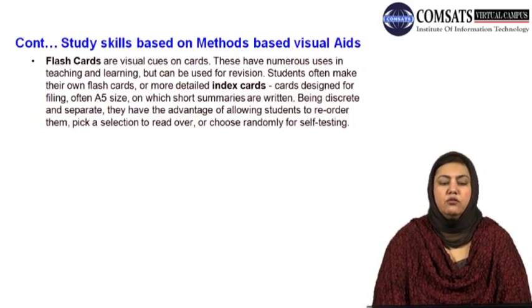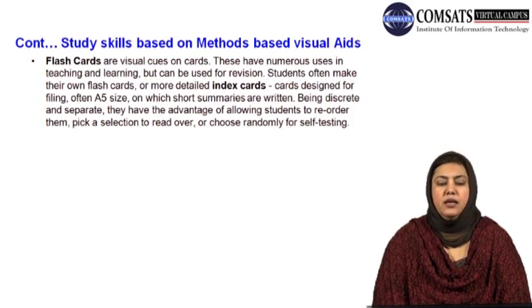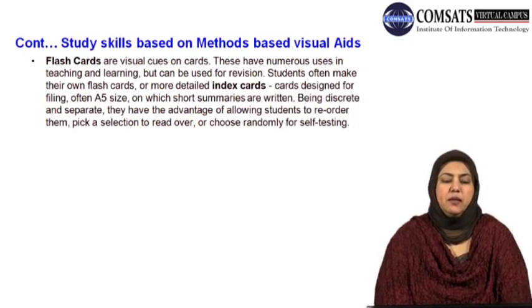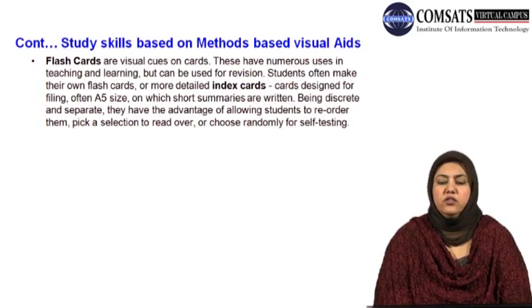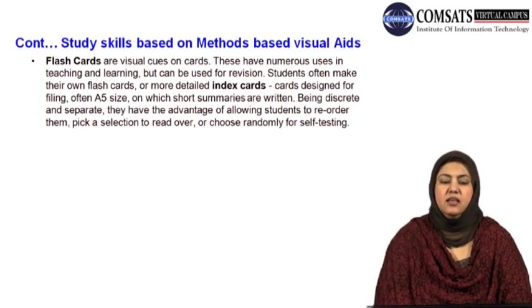Students often make their own flashcards or more detailed indexed cards. Cards designed for filing, often A5 size, on which short summaries are written. Being discrete and separate, they have the advantage of allowing students to reread them, pick a selection to read over, or choose randomly for self-testing.